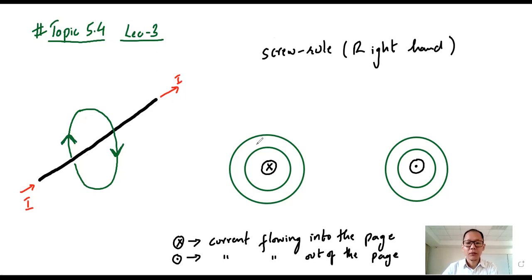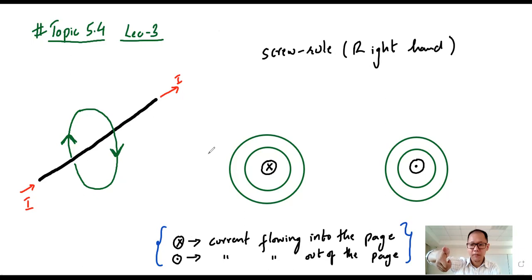Now, we also try to make a 2D representation of the magnetic field in a straight wire. So the 2 dimensions representation was basically as shown here. In this case, what we said was, if we assume a notation X cross as a current flowing into the page, then your thumb should be pointing inward towards the page.